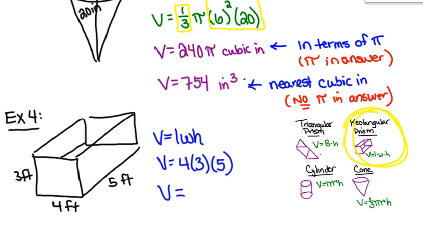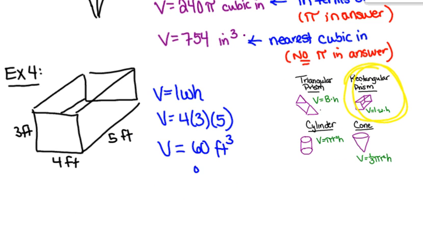It's everybody's favorite. When I get my calculator out and I type in 4 times 3 times 5, I end up with 60 cubic feet. Or if you want to say 60 feet cubed, they're two different ways of saying the exact same thing. Beautiful.